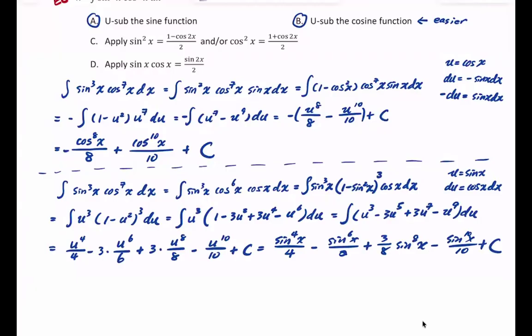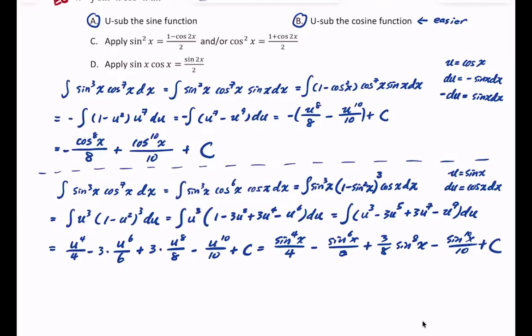So if you work together and compare your answers, just be aware that in trig integrations, you may have different ways to approach it. And just because the final answers don't look the same doesn't necessarily mean one of you got the incorrect answer.